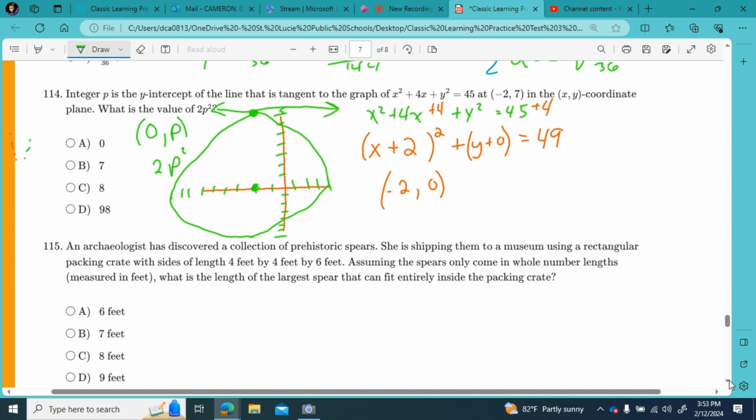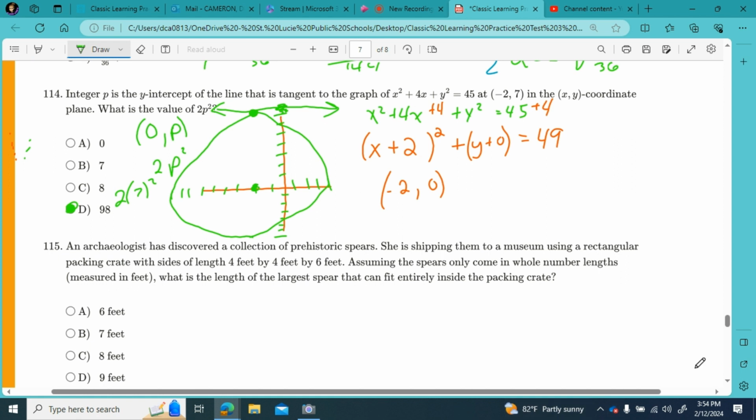That would be here at the 7. So 2 times 7 squared, 7 squared is 49 times 2, 98. Because my y-intercept p equals 7.